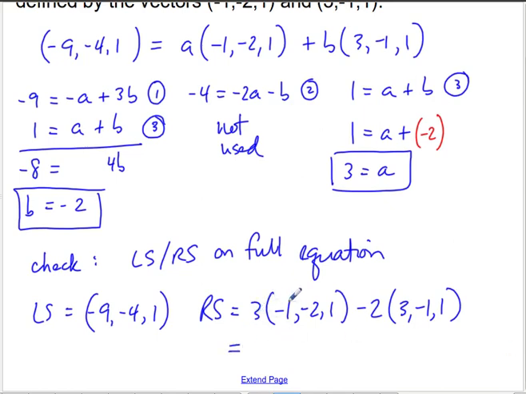This 3 can be multiplied into each of these vector components. We could use the i, j, and k vectors, but I can also just write this as 3 times -1 gives -3 for the x component, 3 times -2 gives -6 for the y component, and +3 for the z.